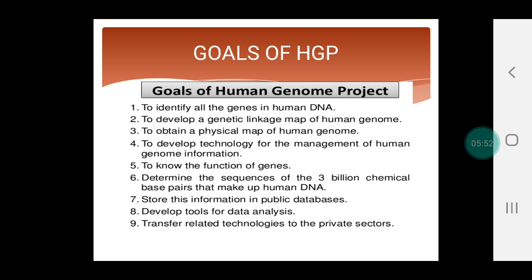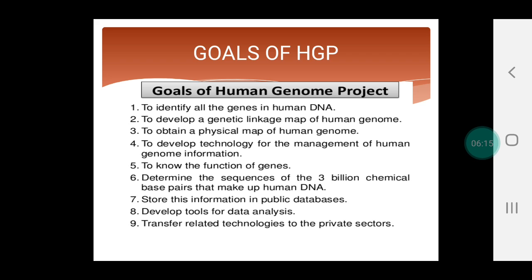The primary goal of the HGP was to generate a detailed map of the human genome, and these maps will aid in determining the location of genes within the human genome. Therefore, the genes will be assigned to the chromosomes, and two maps of genes were generated.